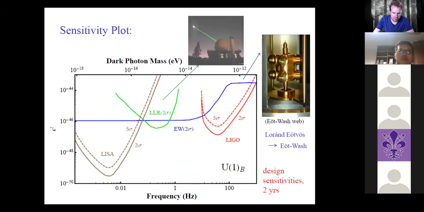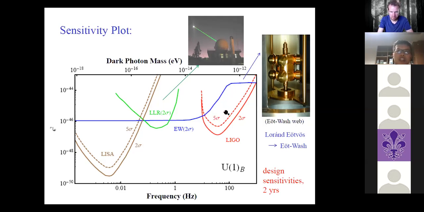And here, let me show you a sensitivity plot. Here, the x-axis is the frequency of the signal corresponding to the dark photon dark matter mass. And the y-axis is the dark photon dark matter coupling strength squared under U(1)B gauge group. Here, the green curves show you the 2 sigma constraint from the lunar laser ranging experiment. The blue curves show you the 2 sigma constraint from the equivalence principle test by the Eöt-Wash group using a torsion balance.